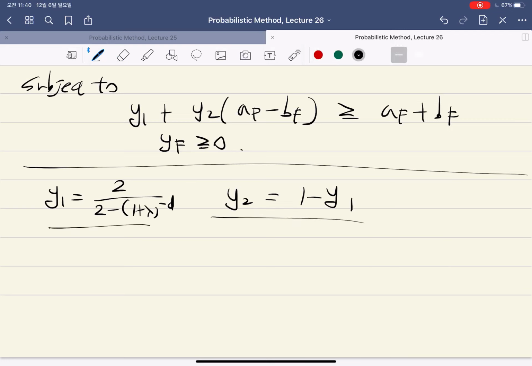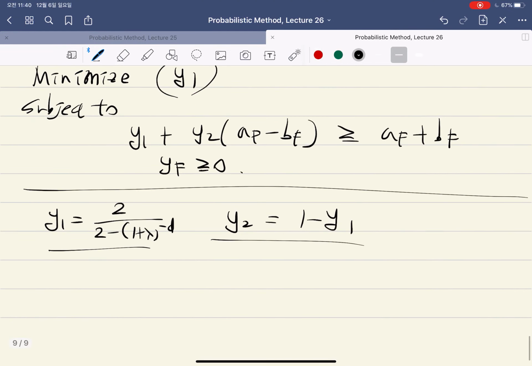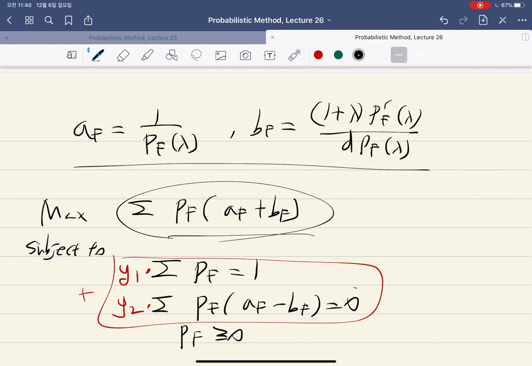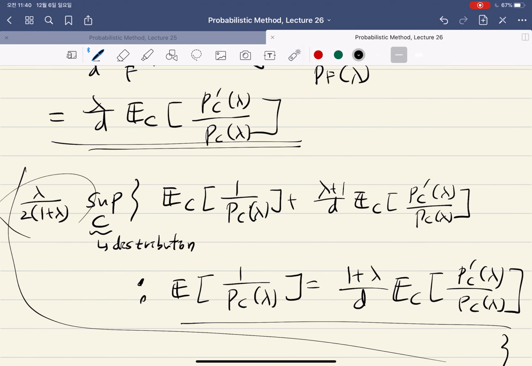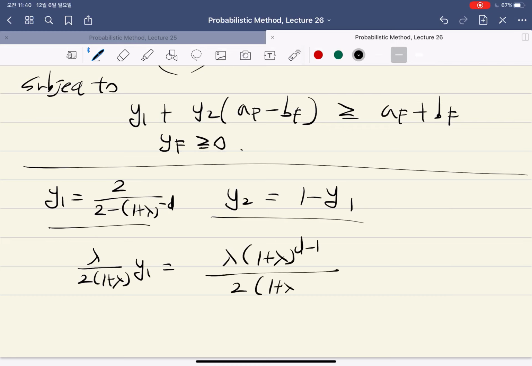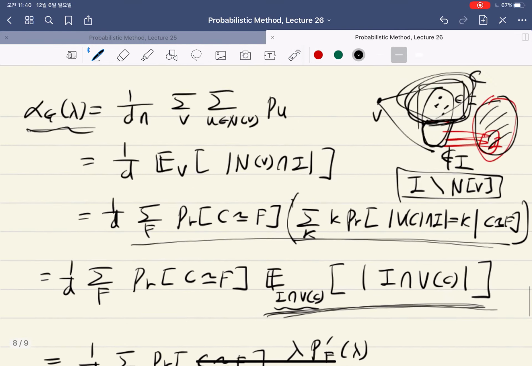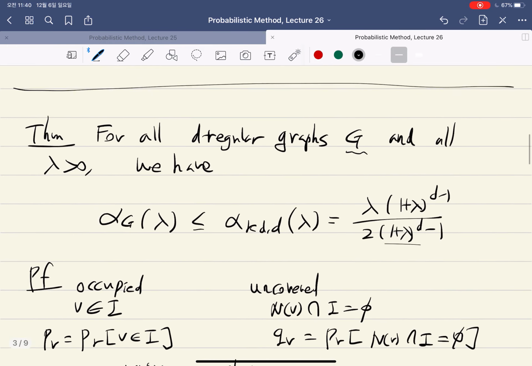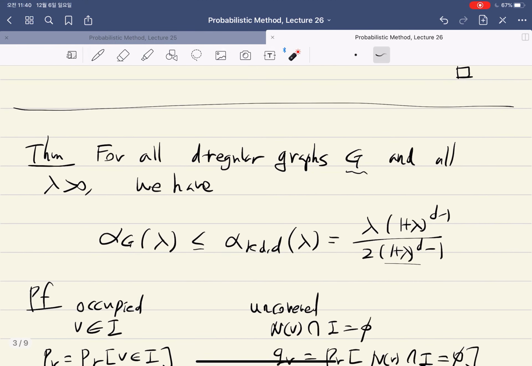If we plug in these two, then you get this minimizing vector, and then you find that this is actually that y1. Then you plug in here, and the answer we get is exactly this number, which is the number we want to prove.